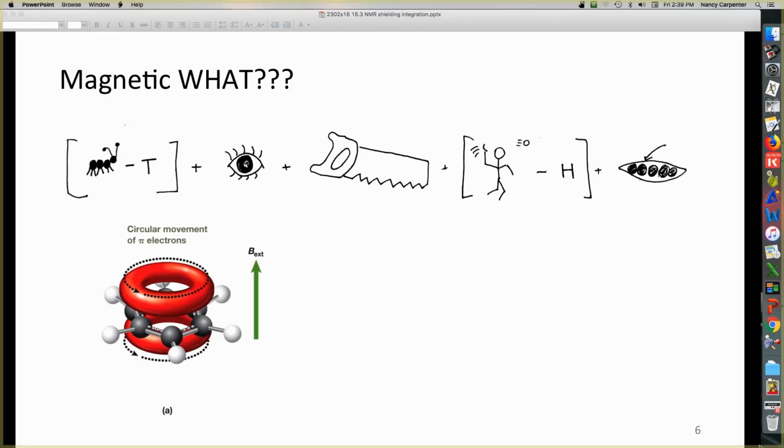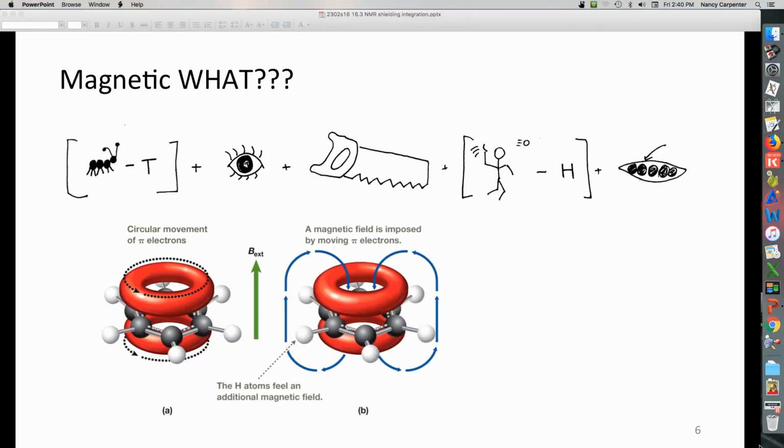And when you put an aromatic compound like benzene in an external magnetic field, as shown, well, that generates the movement of these electrons in the little donut, and that in turn causes an internal magnetic field.